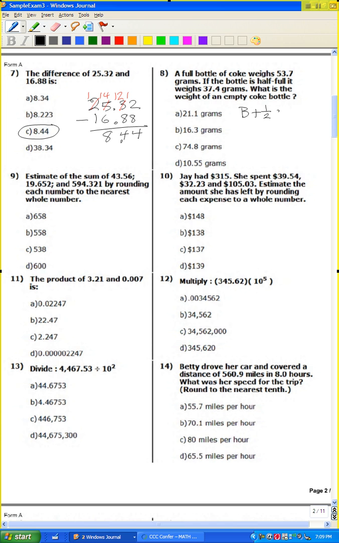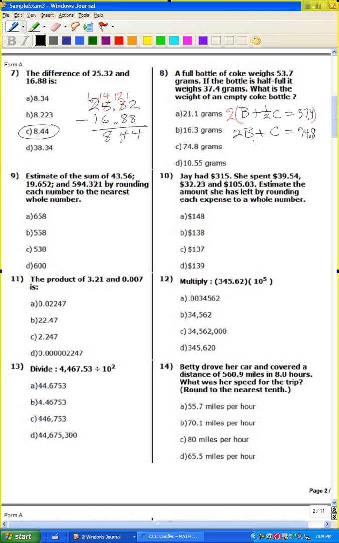And so the bottle plus half the Coke is 37.4 grams. So if you double that, then that's the same as having an empty bottle plus a bottle full of Coke. And that will equal, well, doubling the 37.4, that would equal 74.8.